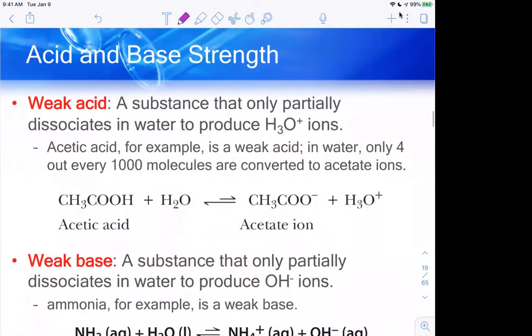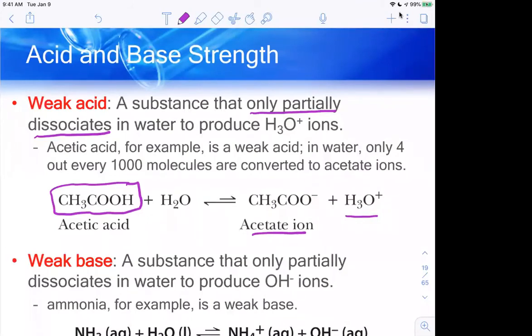Now, a weak acid is a substance that only partially dissociates or ionizes in water. So acetic acid is a weak acid. What this means is I have a very low concentration of the conjugate base and the conjugate acid. Most of the acetic acid that is present in the solution is intact and is protonated.